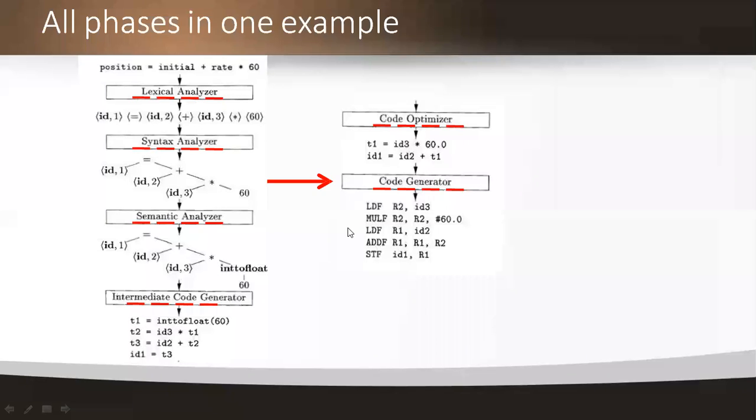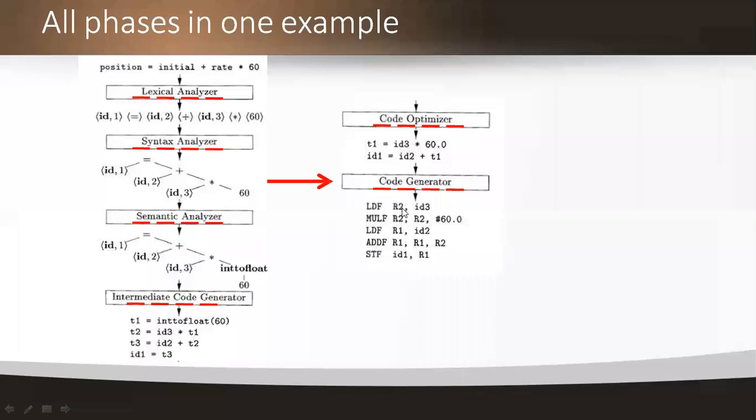These are all things we already learned in the CO, computer organization course. There we know how to write the instruction sets, how to use the registers and all that. See here I am using 2 registers for my overall code, R2 and R1. This ID3 is loaded into the R2 register.